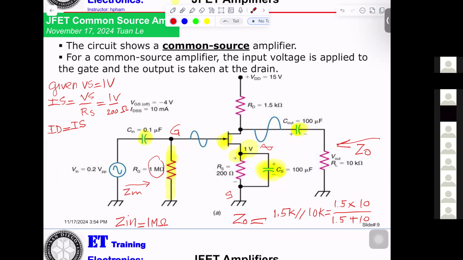Right. Which capacitor are you talking about? The bypass. Oh, okay. So that's the one where you said you wanted the AC to pass, bypass RS. Yeah. But the question is, why do we need that capacitor? So it doesn't get impeded by the resistor. That is how it works.